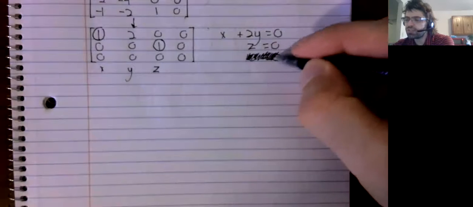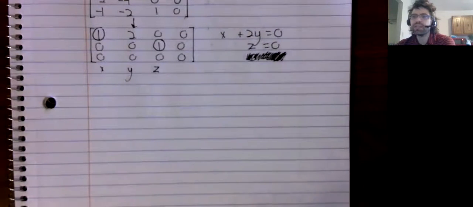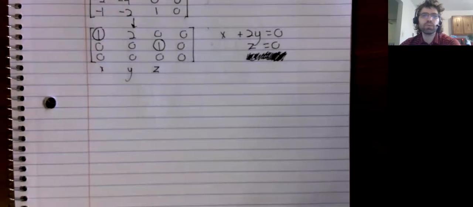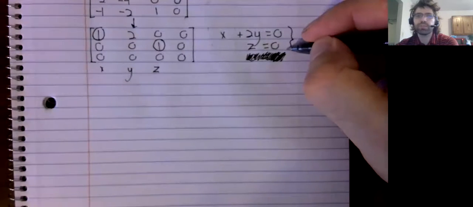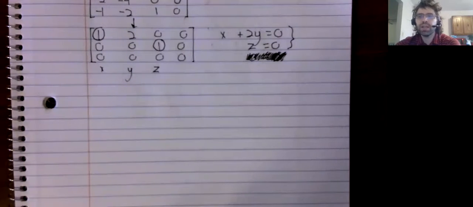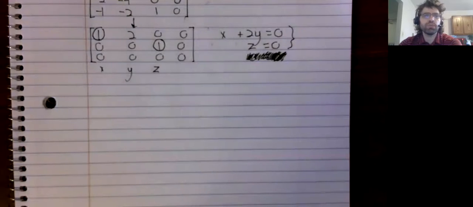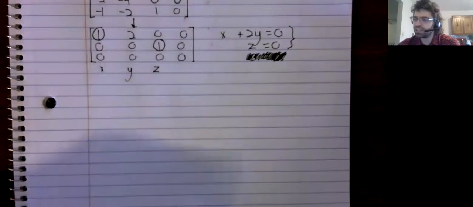If we ignore this useless equation, 0 equals 0, we're going to take the non-trivial equations, and we're going to rewrite them so that the basic variable is by itself on the left hand side of the equality.